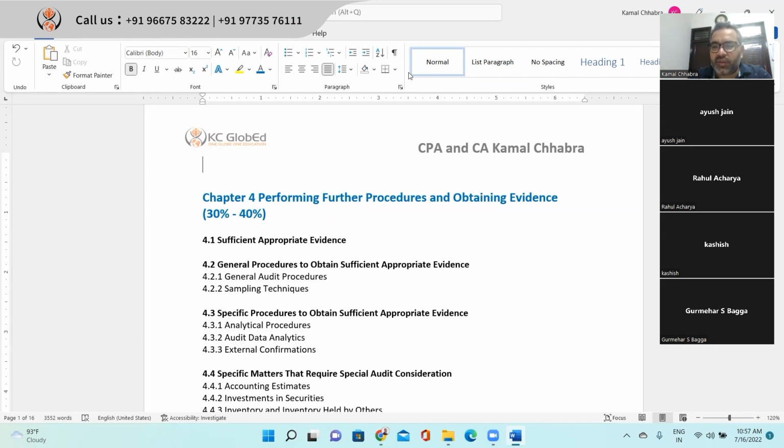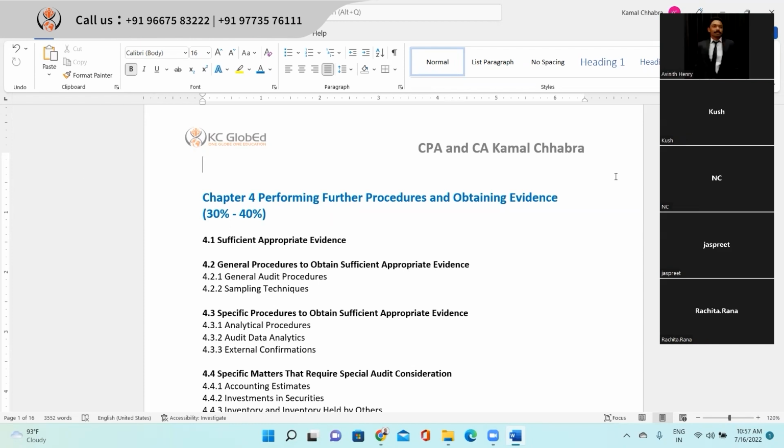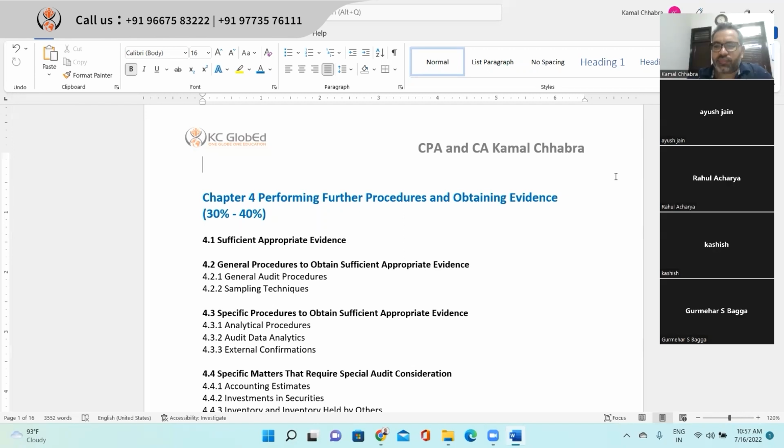Any idea what is appropriateness for evidence? Evidence appropriately supports the sample selection. So it covers the area which has been selected for testing.